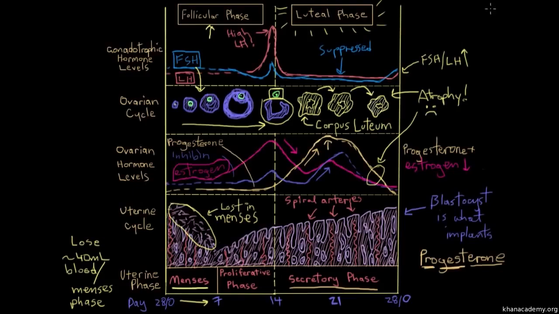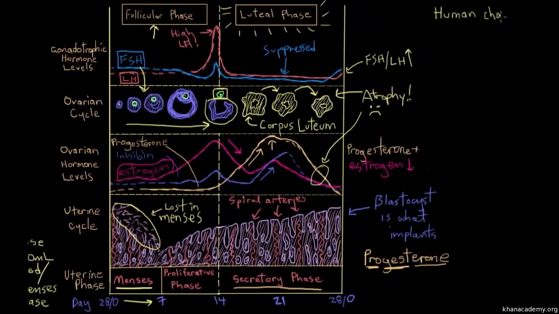Well, when a blastocyst implants into the endometrium and gets established there, the resulting embryo that develops from the blastocyst starts to produce a special hormone called human chorionic gonadotropin, or HCG. And this HCG is structurally really similar to luteinizing hormone.